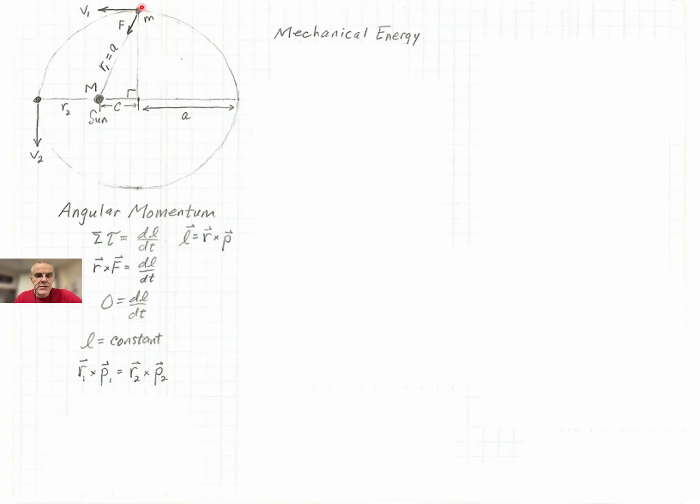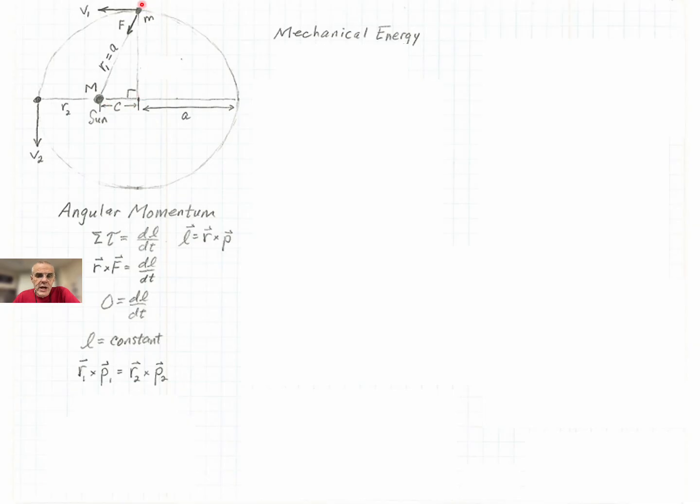But what's unique about this point R1 is that if you're at that point, you're at the distance A from the sun. That's usually regarded as the average distance from the sun. It's the semi-major axis of the ellipse. So that's what the question was about, so I've drawn it like that.